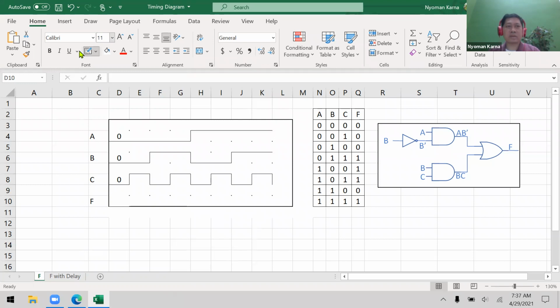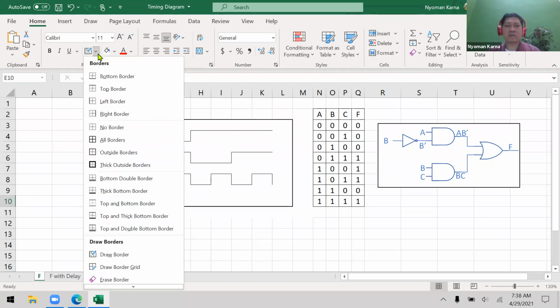For the next combination, when A is 0, B is 0, and C is 1, 0, 0, 1 will create an output of 0. So this will also become 0.